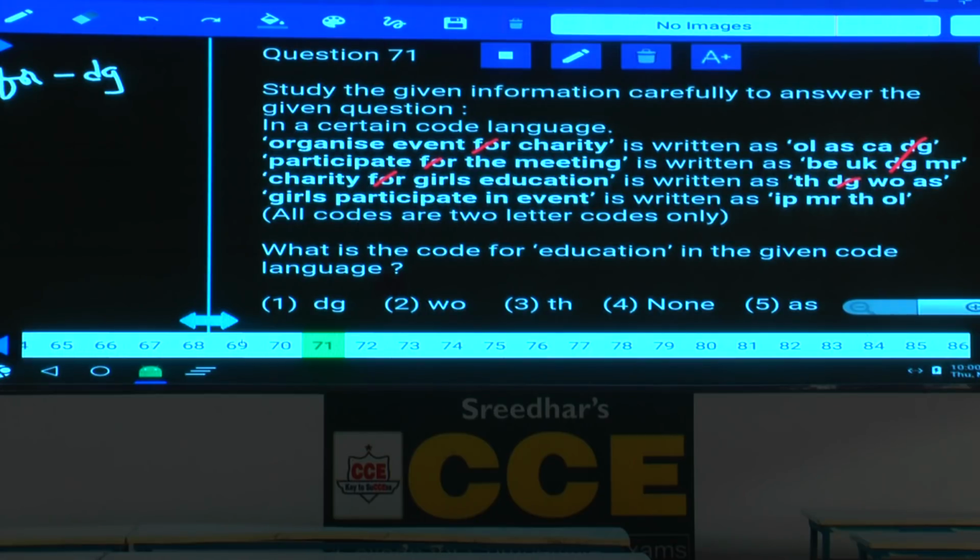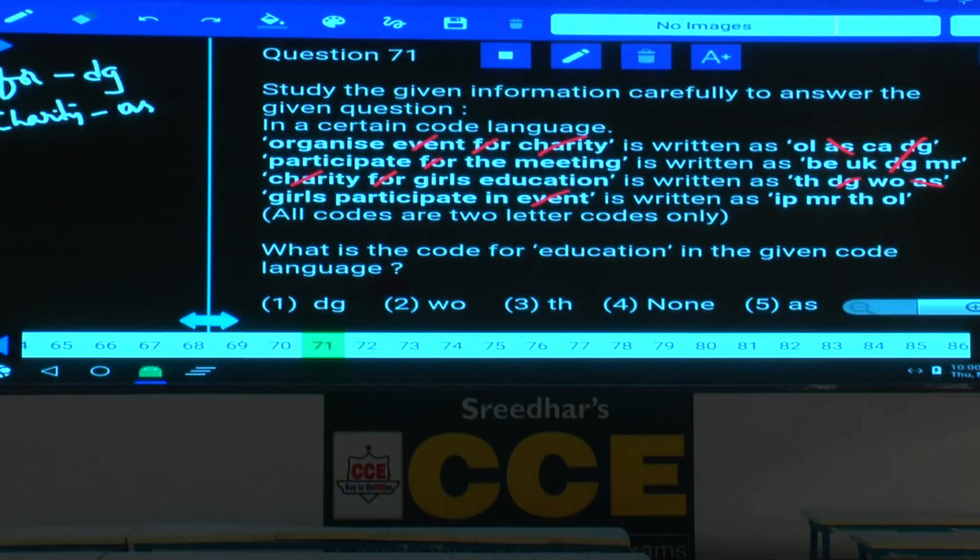Next one, organize event charity. Charity is the word which is common here. As charity is common, tell me what is the code common between these two? TH, WO, AS. AS is common between these two. Hence the code to the word charity is AS. Then organize event.